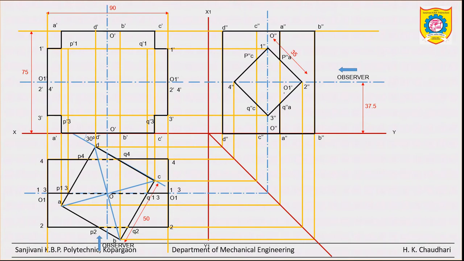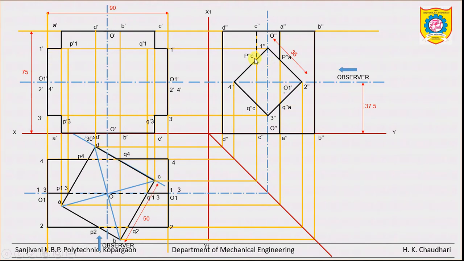And for edge C, up to P double dash C there is also an edge for this C, but we have made it hidden, because when we observe the intersection from this left side, since this is the LHS view, due to the two rectangular faces of the vertical prism we can't observe this C edge.